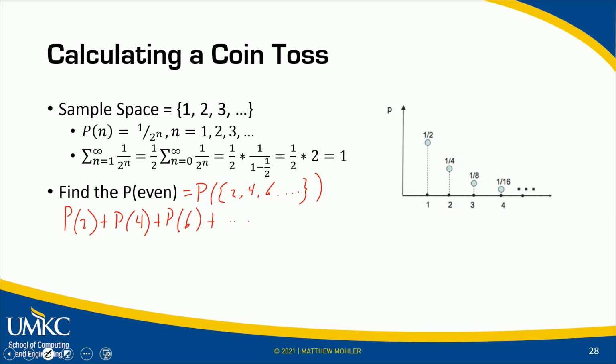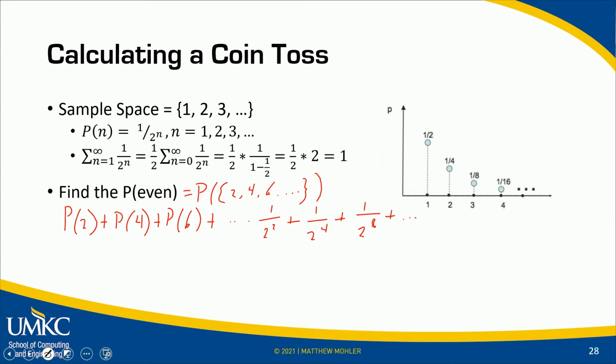Now, substituting in the equation that we developed earlier, where the probability is just 1 over 2 to the n, we can say that this probability is really just 1 over 2 squared plus 1 over 2 to the fourth plus 1 over 2 to the sixth, so on and so forth.